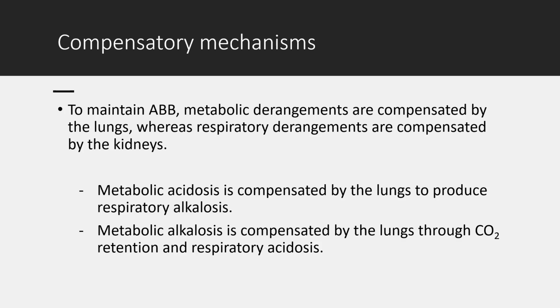So every time you have metabolic acidosis, the type of compensation that comes from the lung is respiratory alkalosis. And the converse also holds, such that when there is a metabolic alkalosis, the lungs tend to compensate by producing respiratory acidosis in terms of retaining carbon dioxide in the lungs.